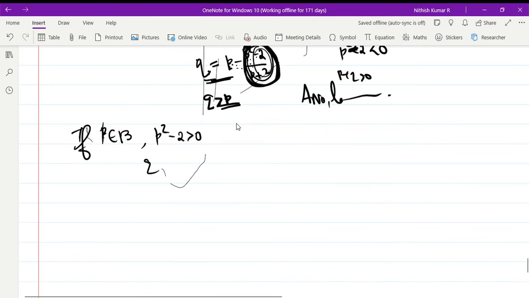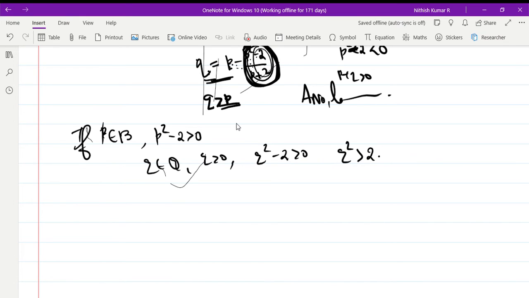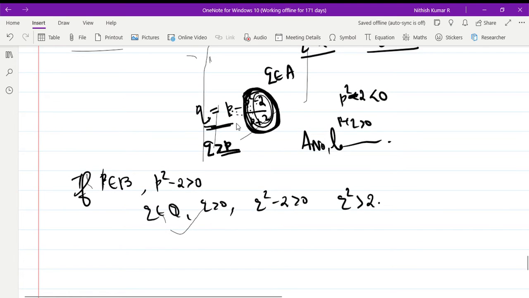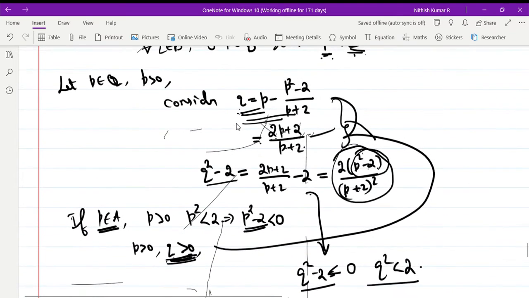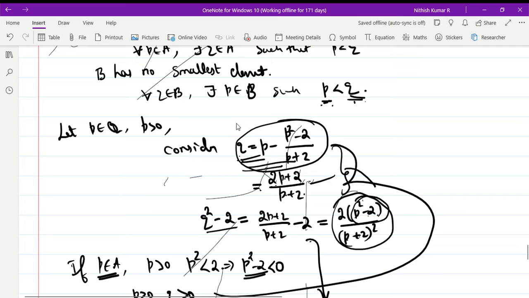Now q is a rational number with q greater than 0, and q square minus 2 is greater than 0, that is q square is greater than 2.